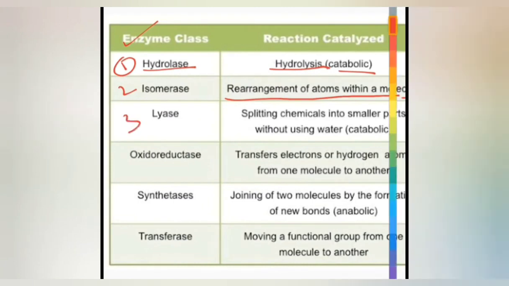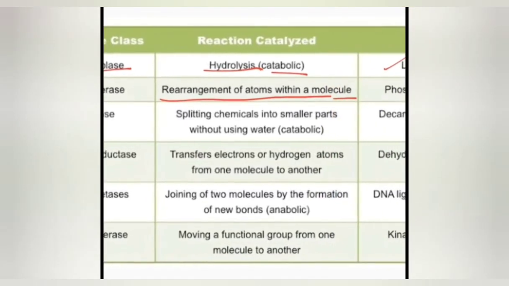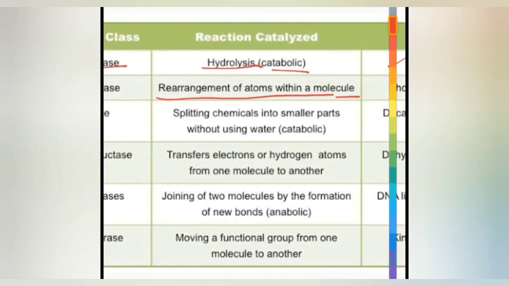Next one, number 3, is lyase. These are the enzymes which catalyze the addition or removal of groups to or from substrates containing double bonds by a process other than hydrolysis. So this is more or less like hydrolase, but it does not work just like hydrolysis. It splits chemicals into smaller parts without using water.